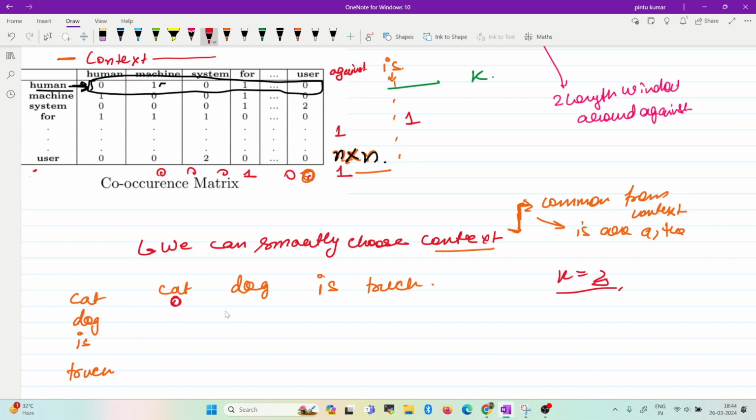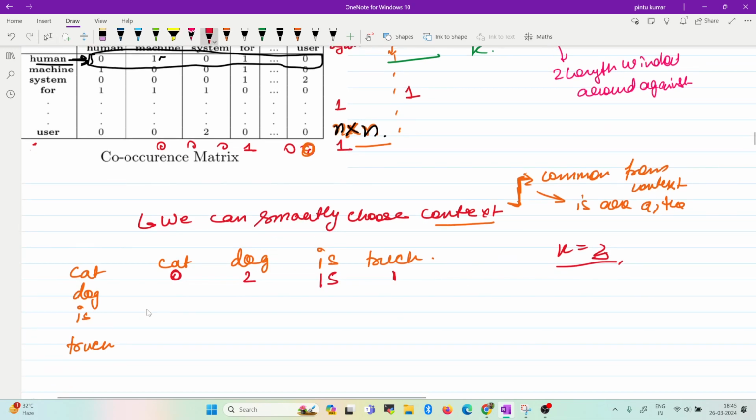Cat and dog might occur together. Let's take this as 2. Cat and truck is very unlikely to occur, still we can take it as 1. But cat and is, there is a very large chance of it occurring. Let's say it is 15. So this is your representation for cat.